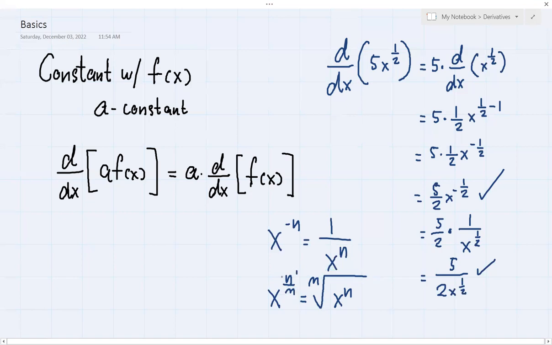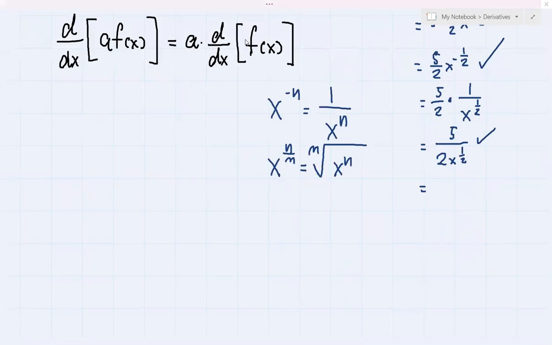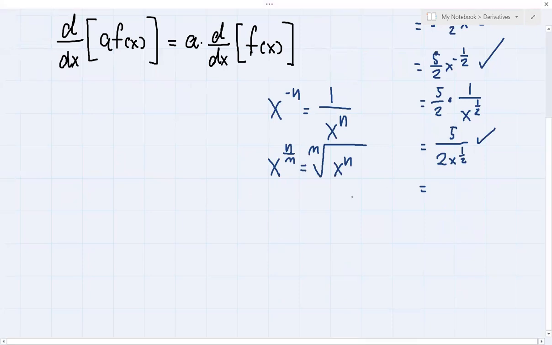Then, yung nasa numerator, siya yung exponent ng x mo. Okay? So, therefore, if we have x raised to 1 half, so magiging square root of x raised to 1. Itong square root, ibig sabihin nun, yung m mo ay 2.